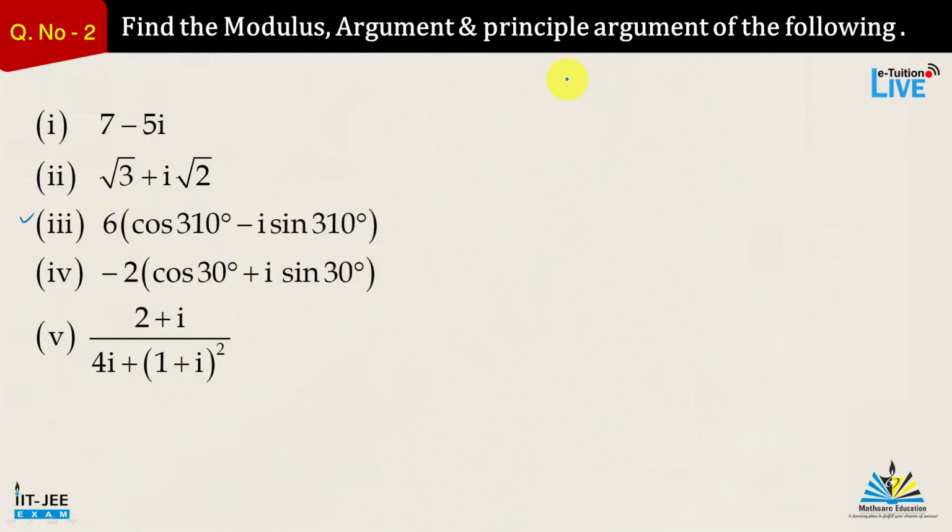First you need to know about 310 degree, and you can observe that this is 360 minus 50. So 310 degree is in the fourth quadrant, and in the fourth quadrant cos and sec are positive and the rest are negative.